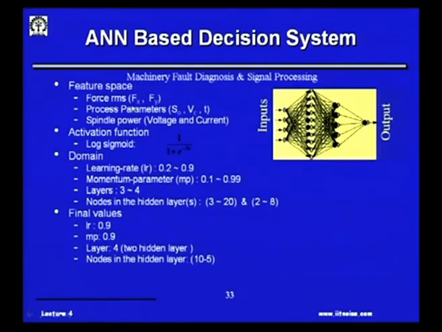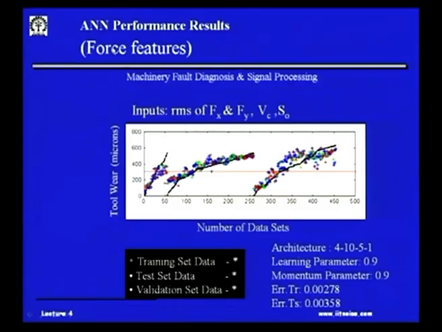In this case, the inputs were the RMS force in x, y direction, the process parameters like the depth of cut, the machining time, cutting speed, etc., spindle rotation, and then the spindle power, and then we used an artificial neural network with these conditions and tried to develop a model. And just to predict the force features, we took a number of data sets and the inputs are fx, fy, vc, s0.